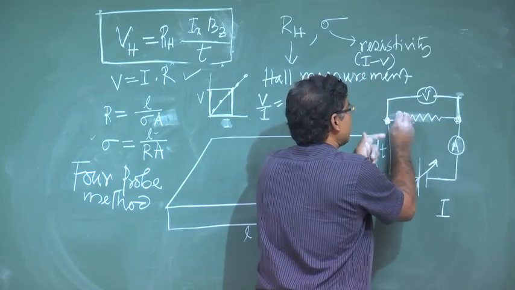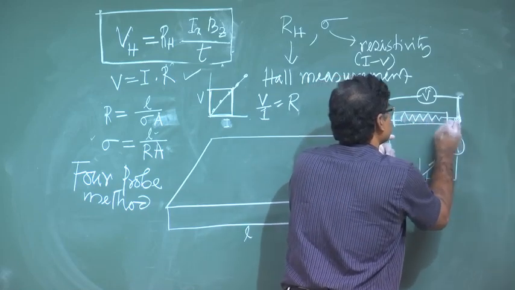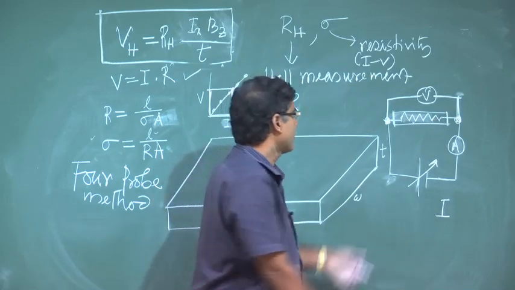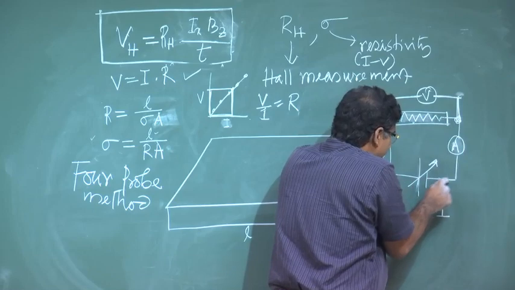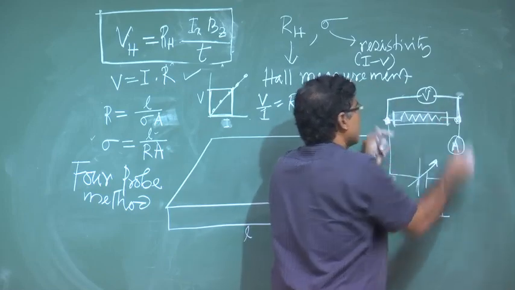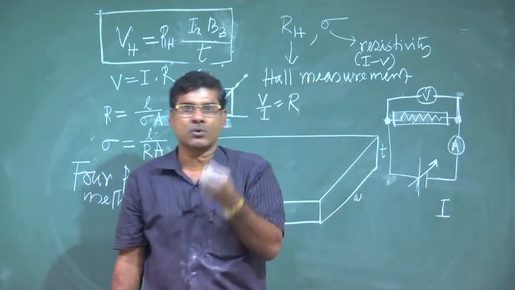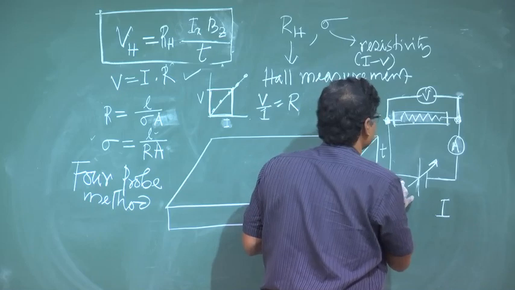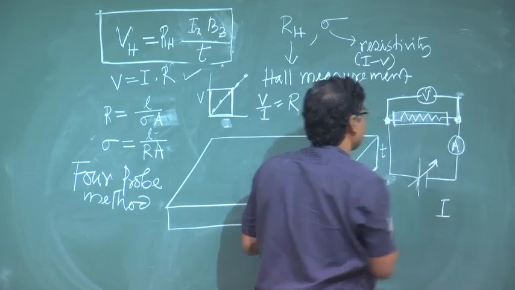If this is my sample, the current is going this way, and I am measuring the voltage. So, basically from this sample I have taken only 2 connections, at this point and from this point.